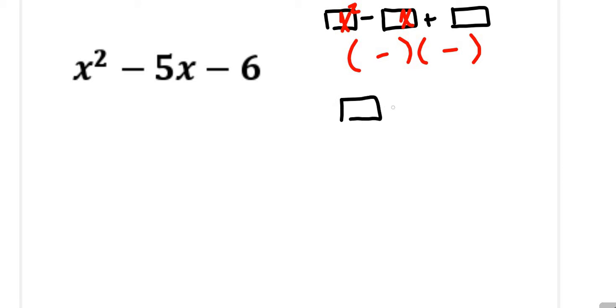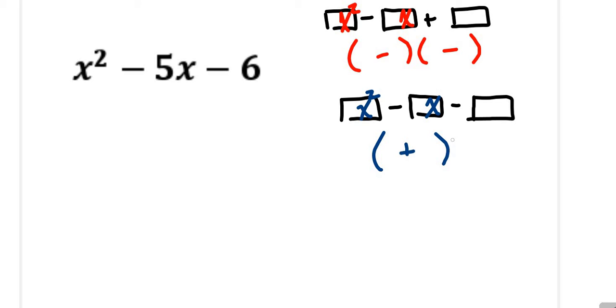Now, if you have something that looks like this, something x squared minus something x minus something, that means our factoring has to be a plus minus combo. And the reason is, if you had two negatives, it would swap that to positive, but because that's negative, one of them is positive and one of them is negative. So we know we are working with this factoring. Keep that in mind. Technically, instead of adding factors, we're going to be subtracting.